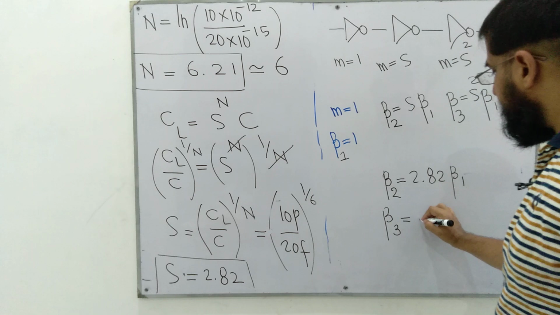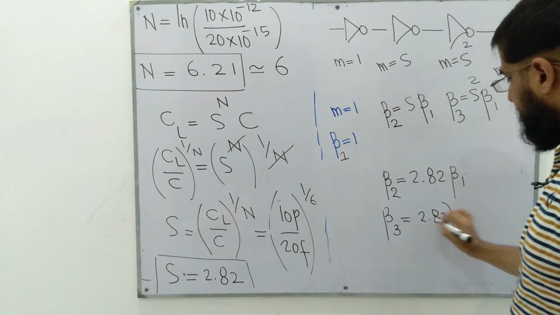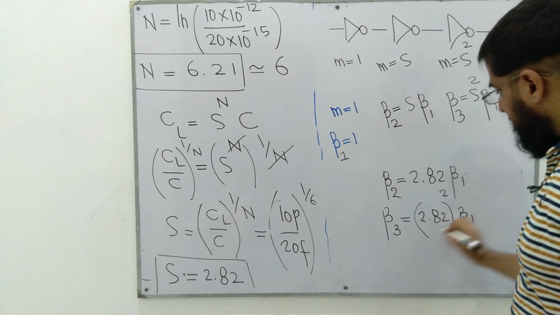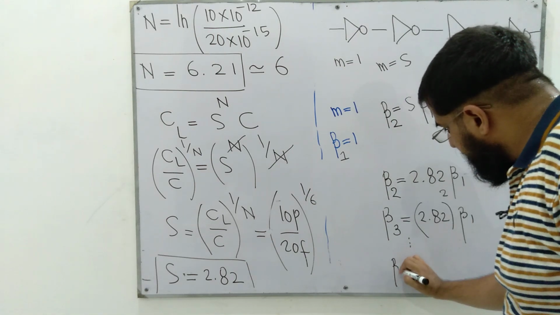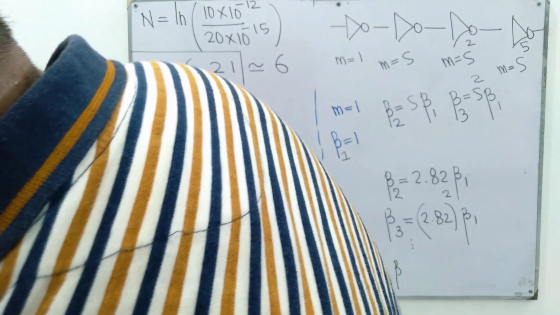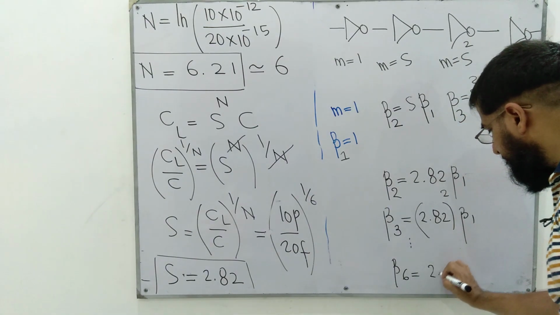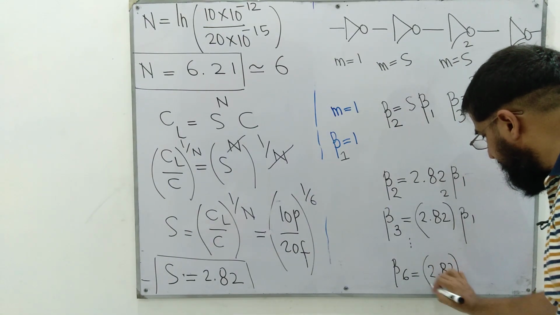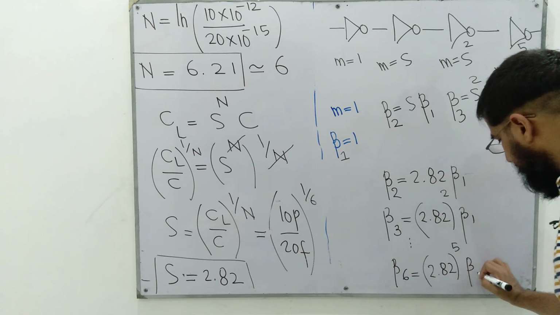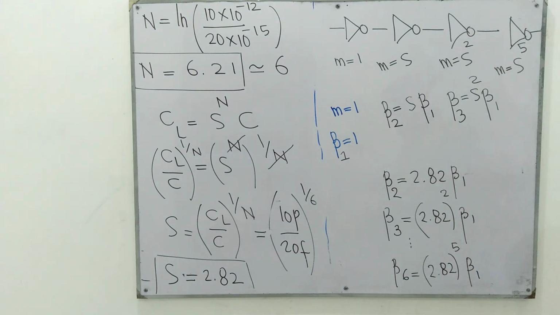Beta 3 is 2.82 squared times beta 1, and finally beta 6 is 2.82 to the 5 times beta 1.